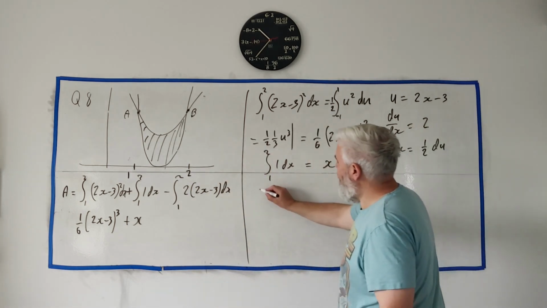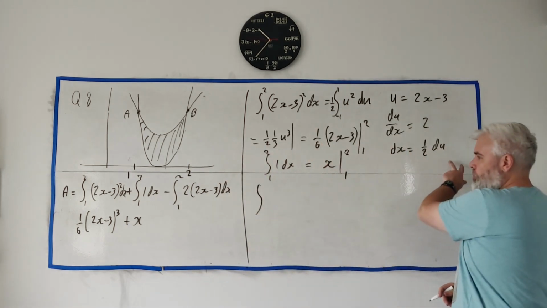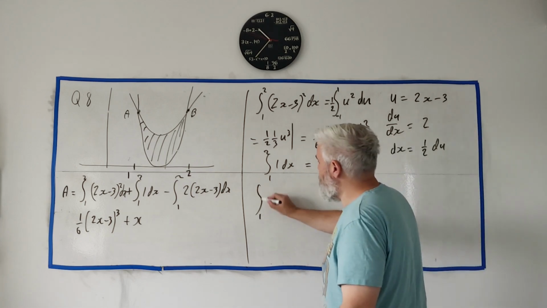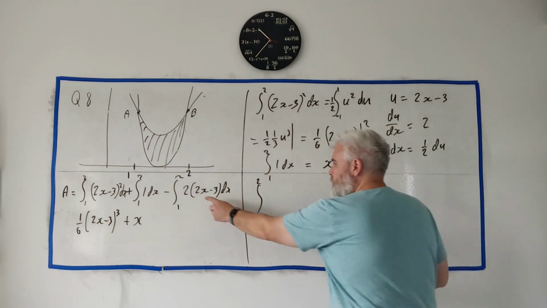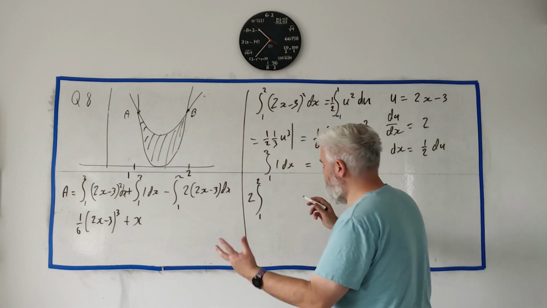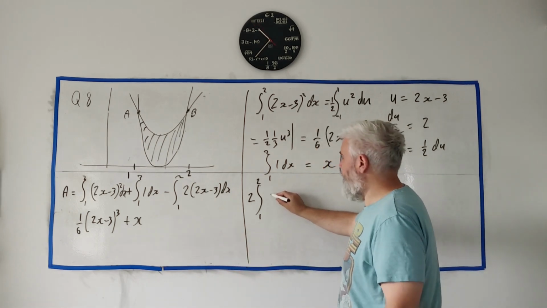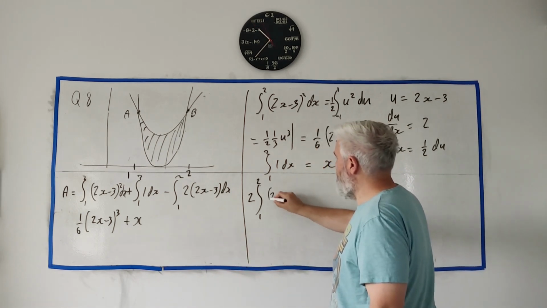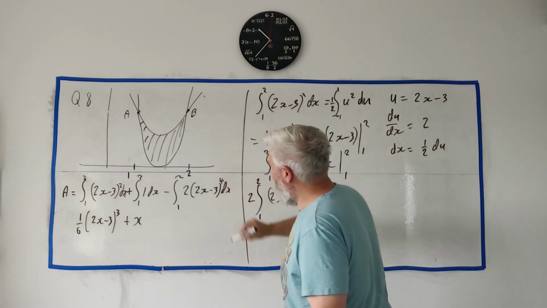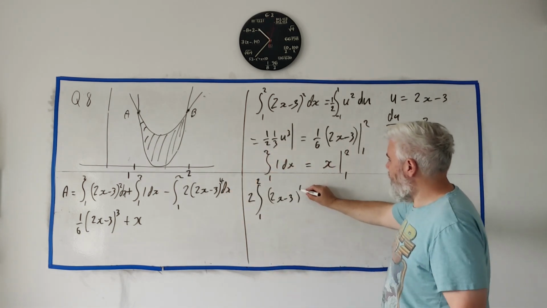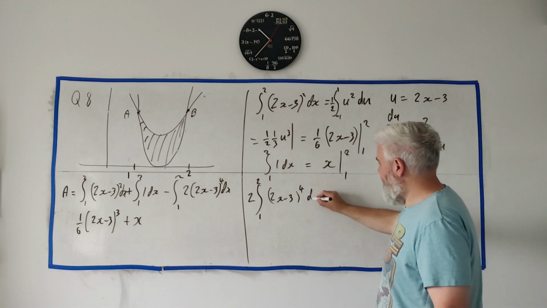And the last one, and again I'll do this quickly without substitution, although you can use substitution. First of all, the 2 can come outside. It's just a constant. So 2x minus 3, sorry, I'll keep leaving out that power of 4, to the power of 4 dx.